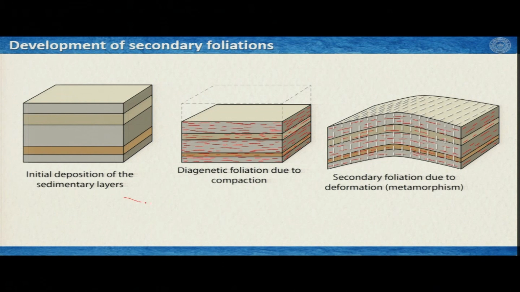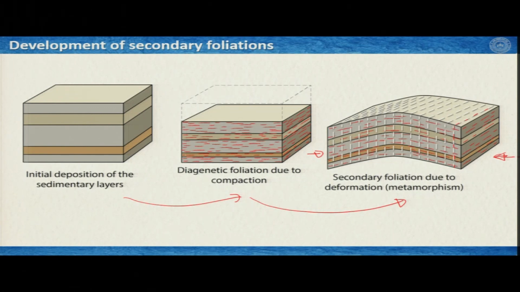So, these two we have understood: we have a sedimentary rock or sedimentary depositions, then diagenetic foliation formed, and after that if there is a directed force or directed stress that can deform the country rock, then these white dashed lines that we see here do appear in the rock, defining secondary foliations.